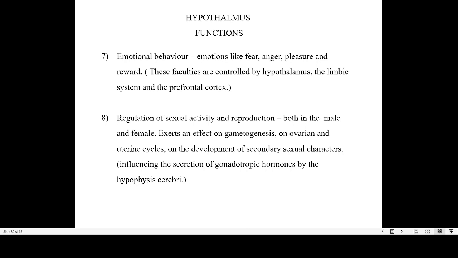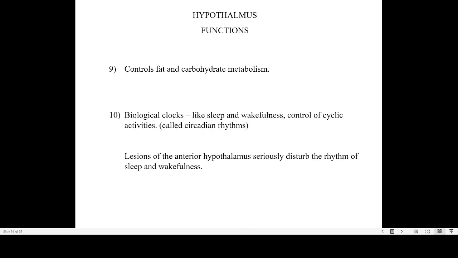Gametogenesis means formation of the ovum in the female and sperm in the male. All of these are related to the hypothalamus.